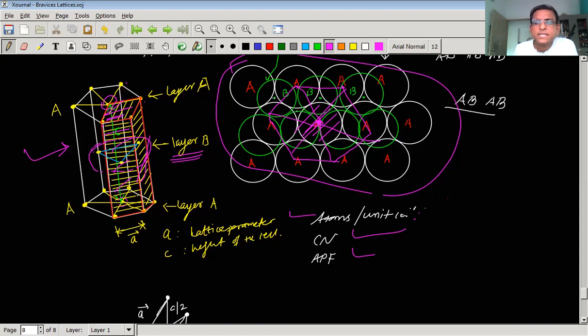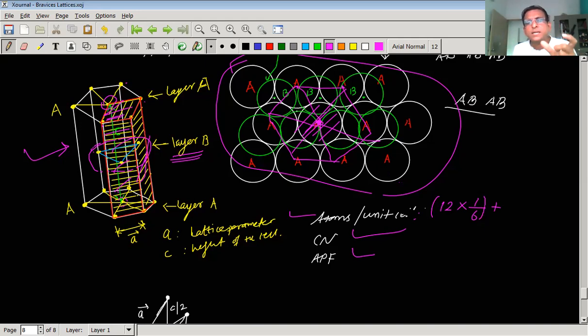So what we can see here is 12 into 1/6. This is the share of the corner atoms to that particular unit cell, plus for the faces at the centers of the basal planes, there is one atom each.